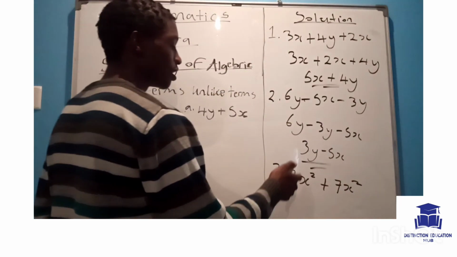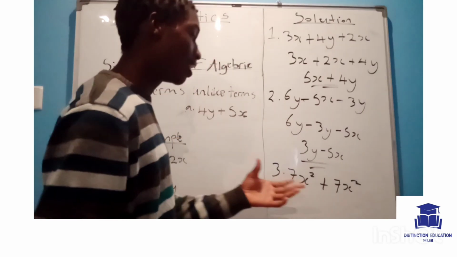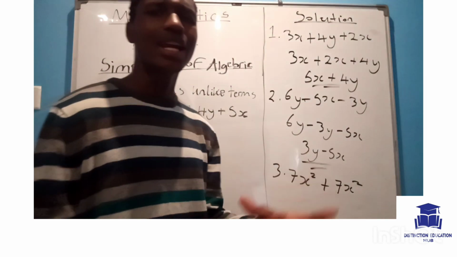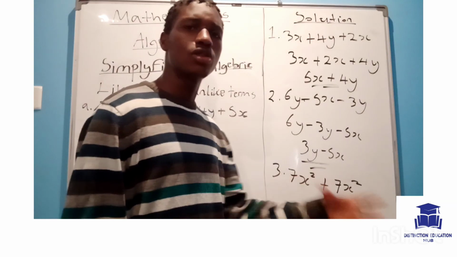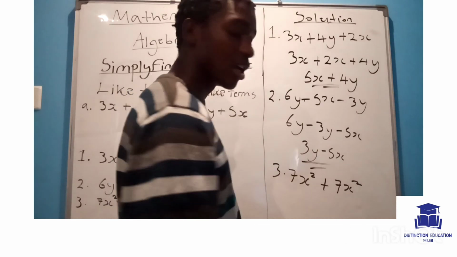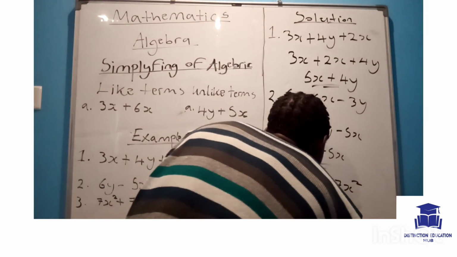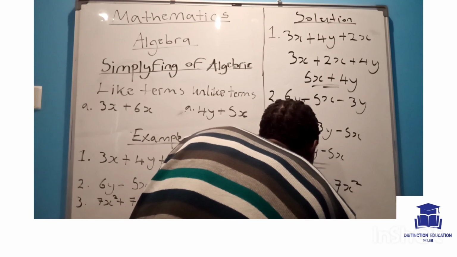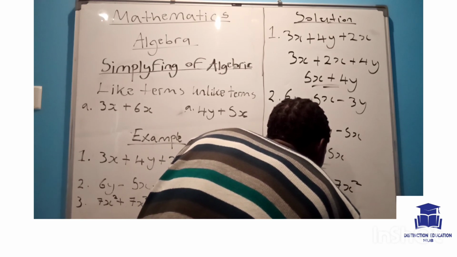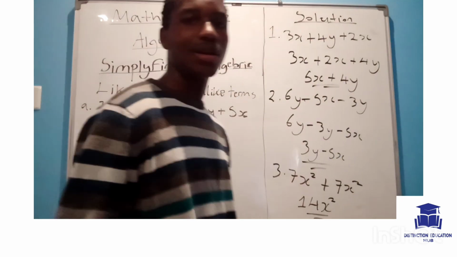So 7x squared plus 7x squared, these are like terms. So you don't need to identify the like terms or collect the like terms or anything. You just go straight into your calculations. So what is 7x squared plus 7x squared? You get 14x squared. And you get your answer.